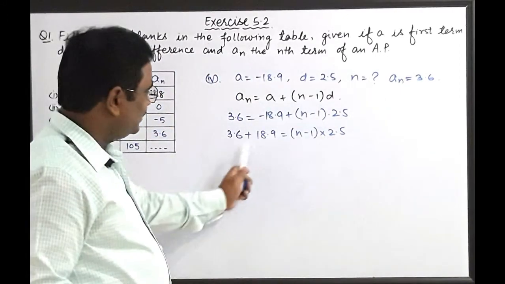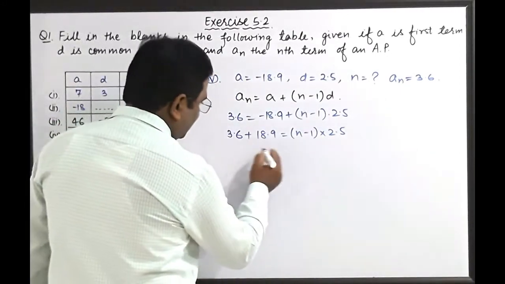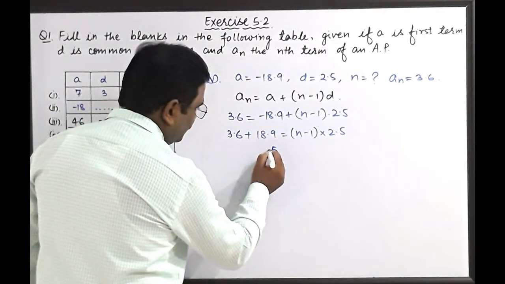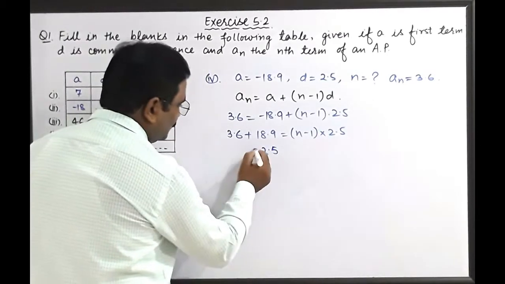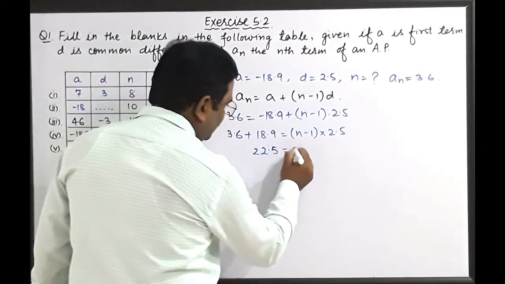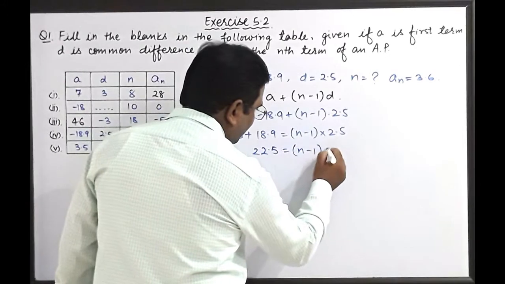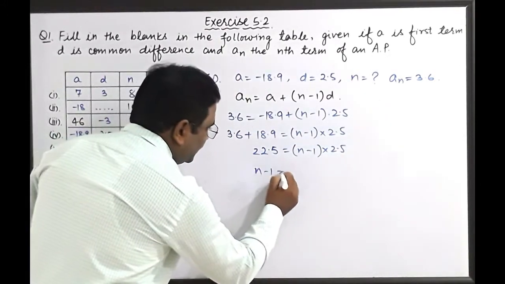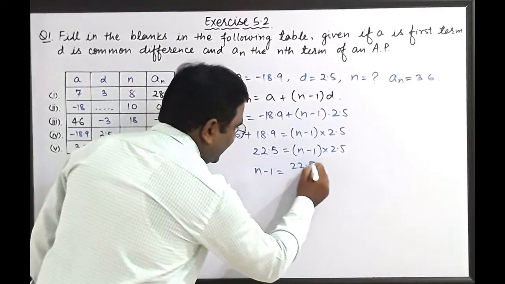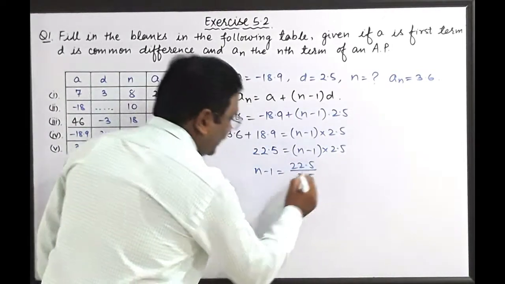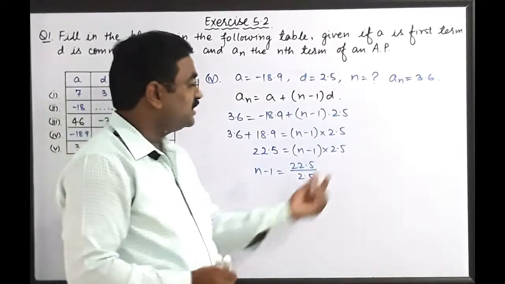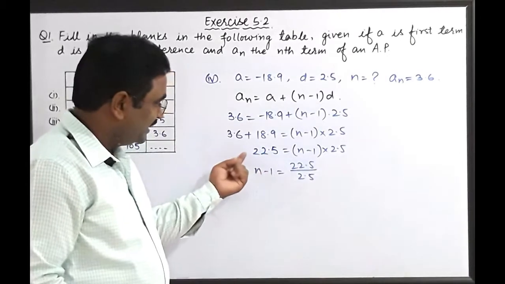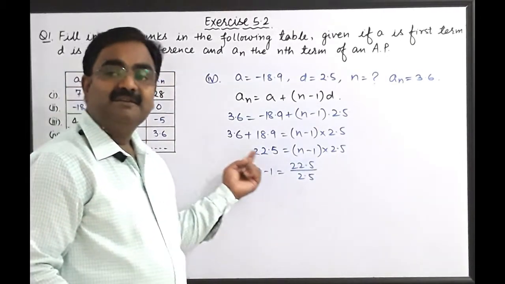So n minus 1 equals 22.5 divided by 2.5. Why is it divided? Because this 2.5 is multiplied, so when it goes to the left side, it will be divided.